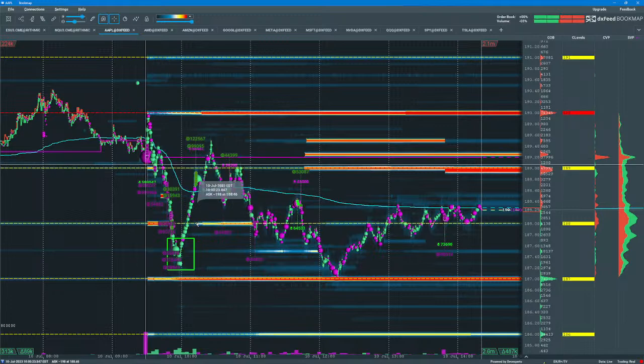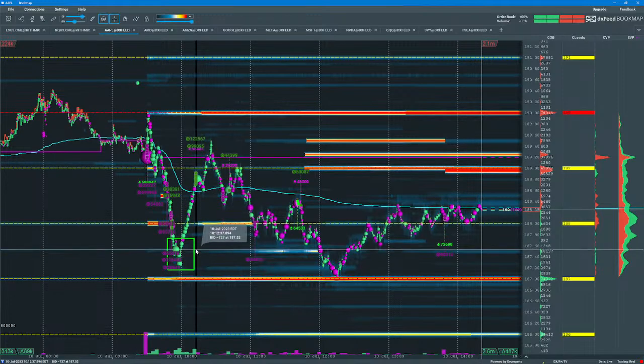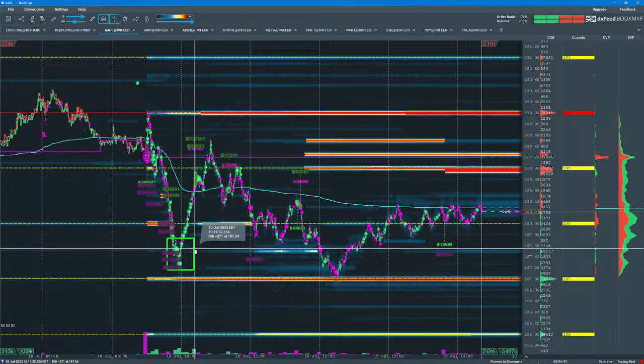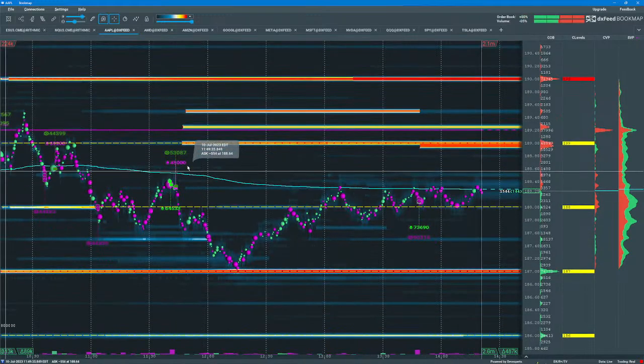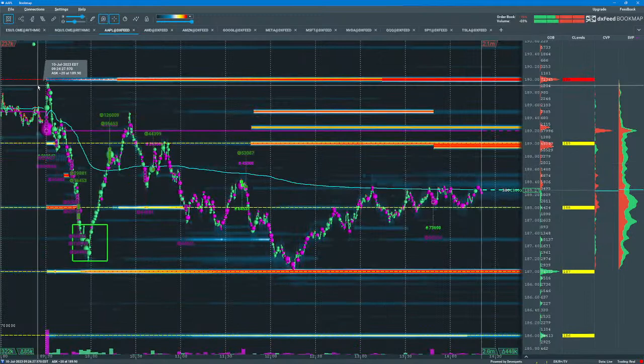And there's the long setup in Apple. Also somewhat of a scalp. And also, of course, the ATR for Apple is much less than Tesla and NVIDIA. I'll zoom in on this.